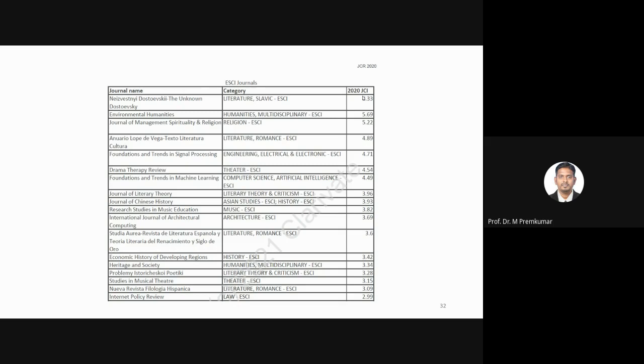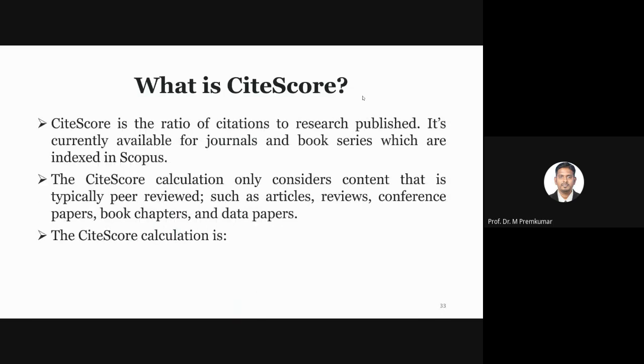Okay, so the next one is the CiteScore. Yes, you can check the CiteScore in Scopus. So what is the CiteScore? It is similar to the impact factor, but the CiteScore is evaluated by Elsevier. But the actual difference between the CiteScore and the impact factor is that when they calculate the impact factor, they will not consider conference papers or technical reports. And only if the paper is cited in an SCI journal will it be counted for the impact factor calculation.